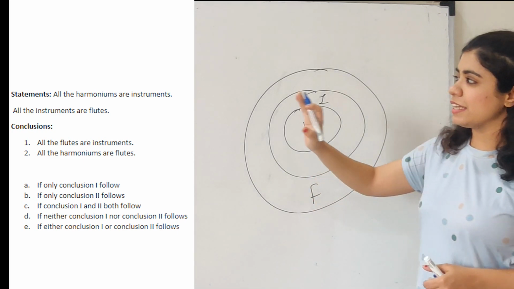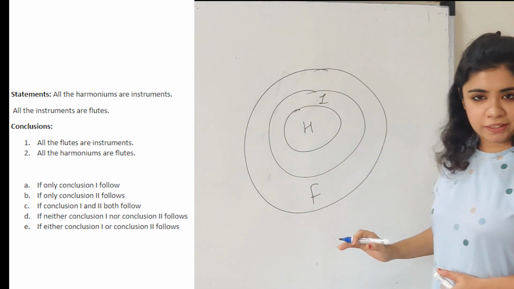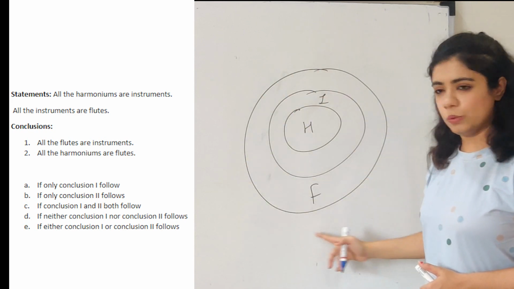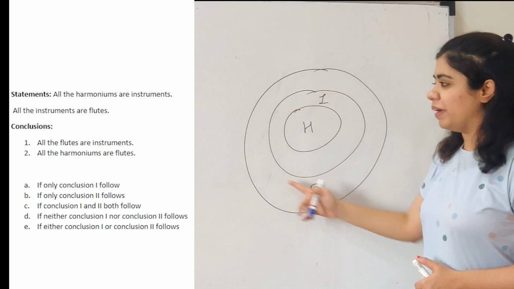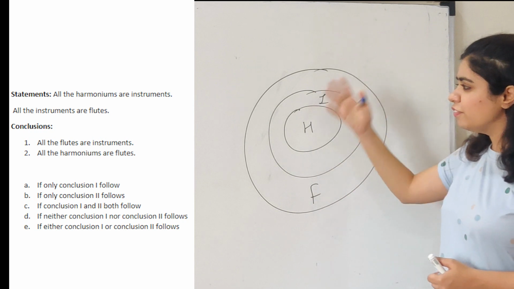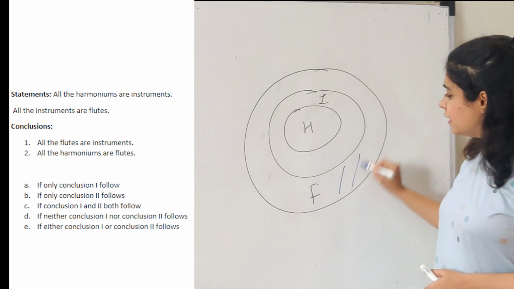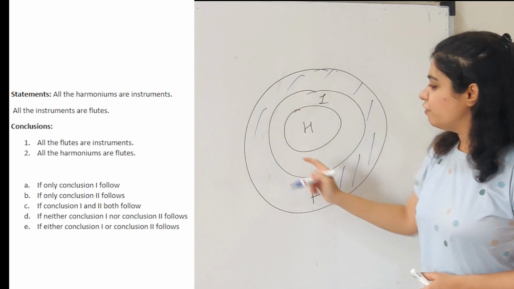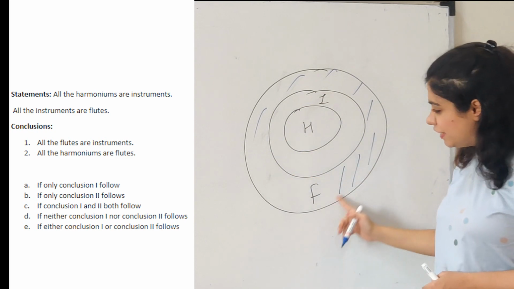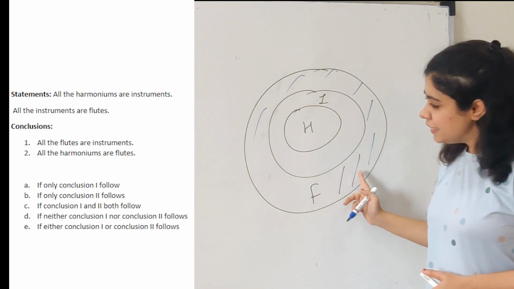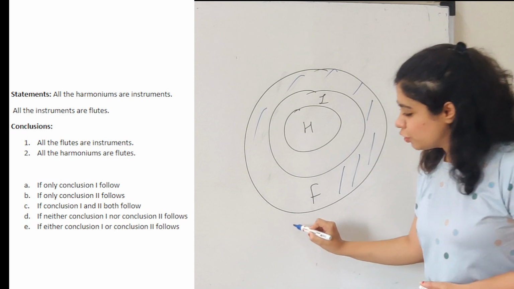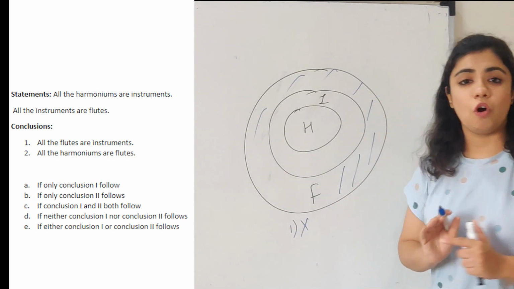So the conclusion says all the flutes are instruments. Is it visible? It's not visible, because these are the flutes which are not instruments. ये वाला जो flutes का part है, ये instruments में नहीं है. So conclusion 1 जो है, वो wrong है.